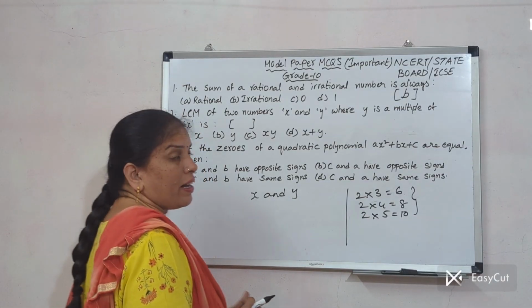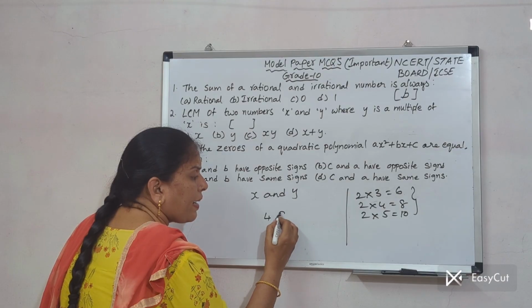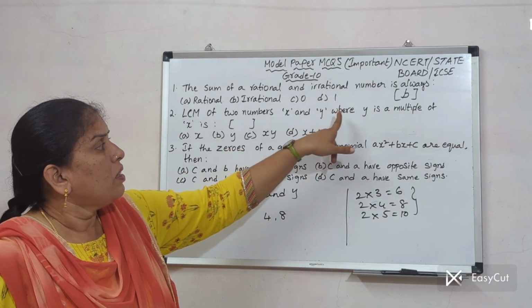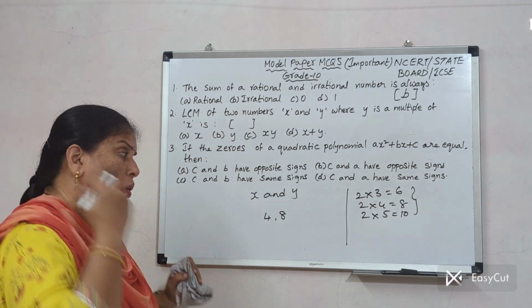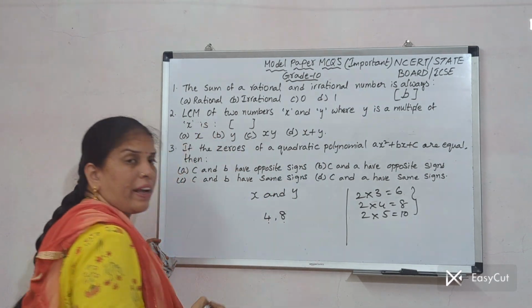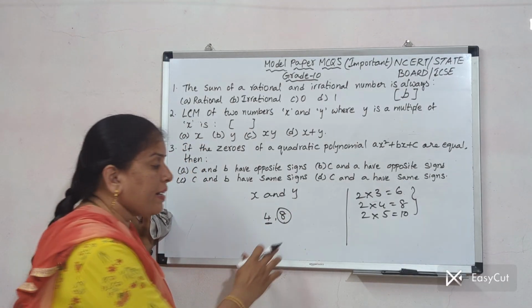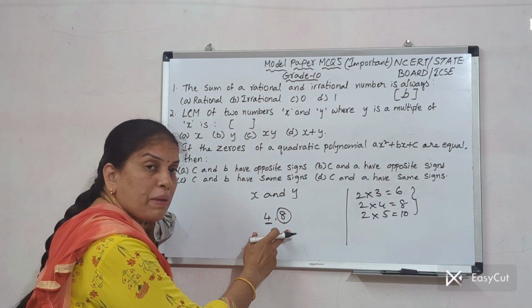So, see here in LCM, you know very well, 4 and 8. In the question, what did they ask? Y is a multiple of x. See here, in 4 and 8, 8 is a multiple of 4. Why? Because 4 times 2 gives 8.